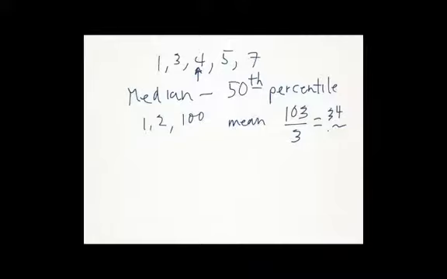But the median in this case would be 2, because 2 falls in the middle of these 3 numbers. So the median is sometimes preferred, like in this case, where there's a large skew in the data. 34 doesn't really tell me that much about the center of these 3 numbers, whereas 2 tells me that half of the numbers are less than 2 and the other half are greater than 2. So when there's skew in the data, we might prefer the median as opposed to the mean.